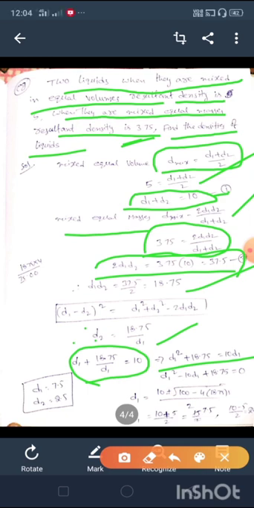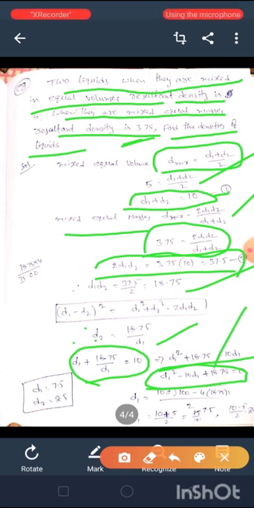Therefore d1 square minus 10 d1 plus 18.75 equals 0, which represents a quadratic equation. From the quadratic equation, d1 is equal to 10 plus or minus the square root of b square minus 4ac, where b square is 100, a is 1, and c is 18.75. By simplifying this equation, d1 is 7.5 and d2 is 2.5.